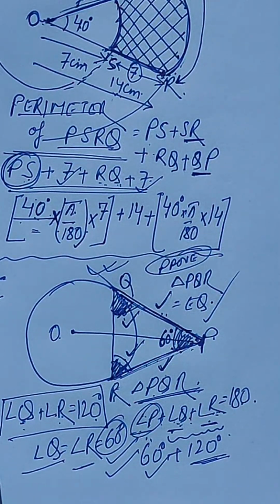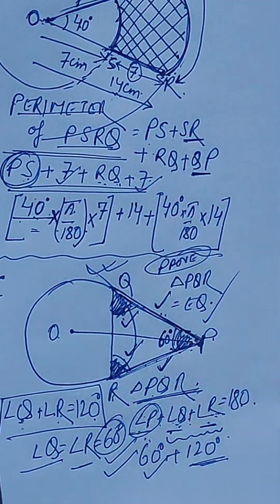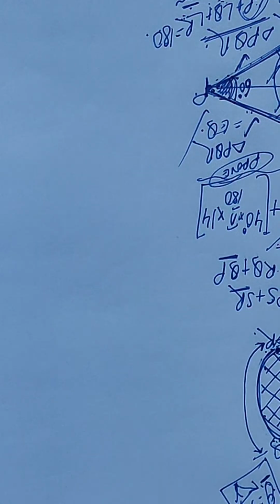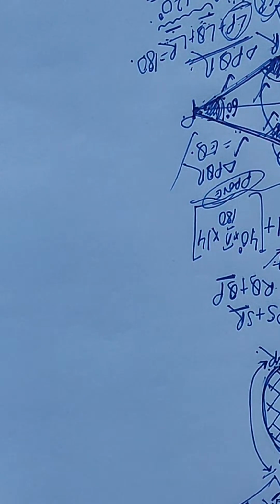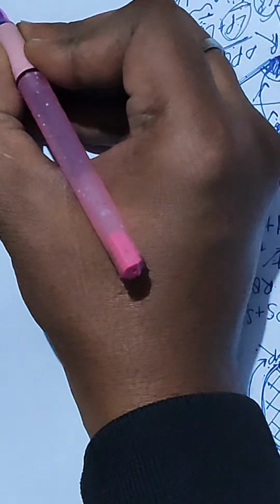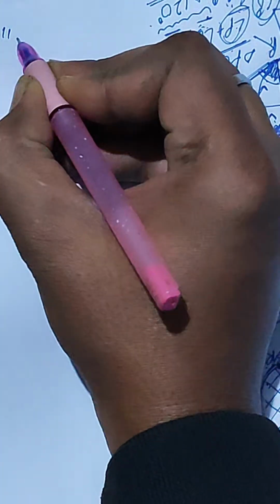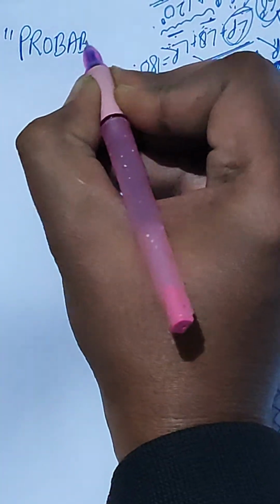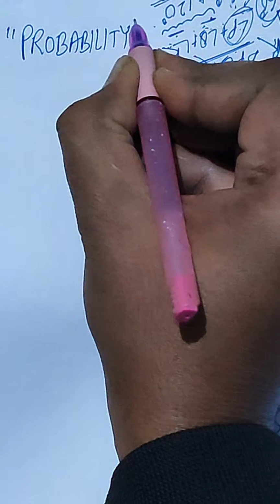Okay. Now going forward, I want to take another question. In the given figure, first of all, a single alphabet is selected at random from the word probability. So you know the spelling of probability, okay?